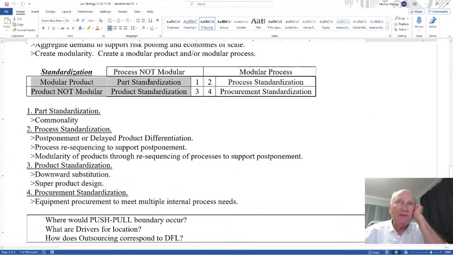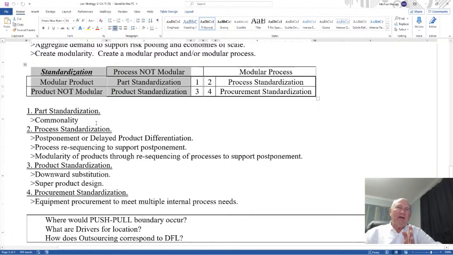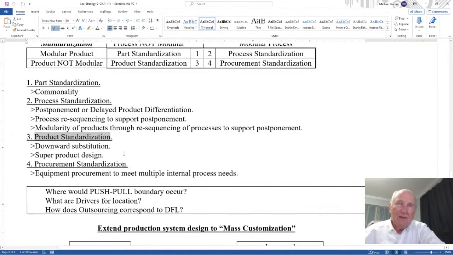Well, if neither are modular, here's where you have one product, one process, that's all you have. You have no flexibility on the process, no flexibility on the product design. It's just one product, one process, that's it. So what I do, it's called product standardization. Well, the idea here, there are two basic ideas.